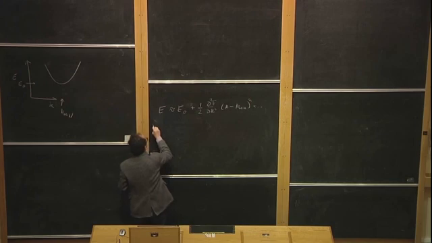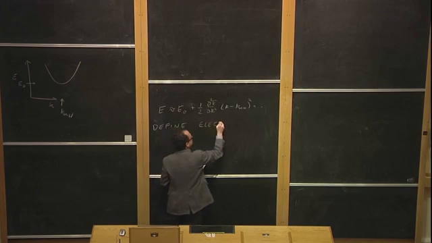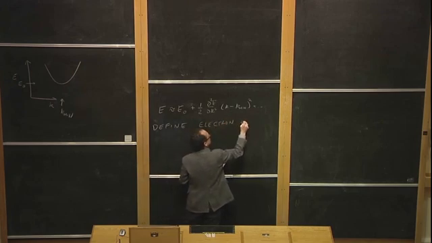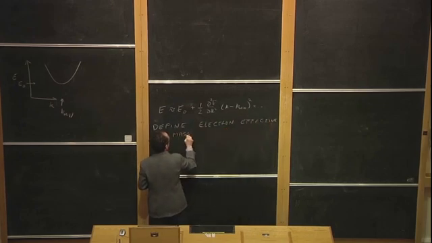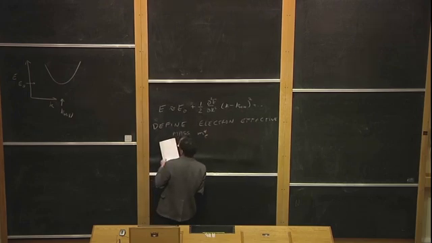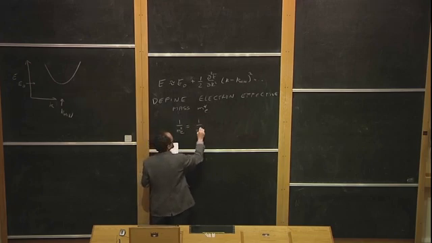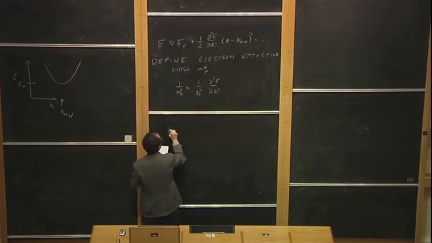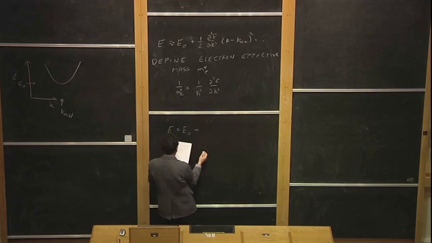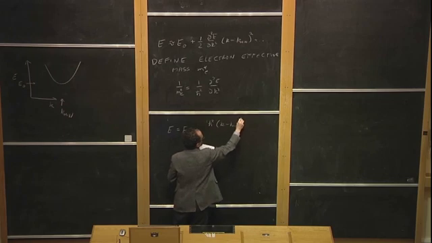And given this, we will define an effective mass, an electron effective mass, m star sub electron, via 1 over m star electron equals 1 over h bar squared d squared E dk squared, such that the energy is E naught plus the usual h bar squared K minus K min squared over 2 m electron star.